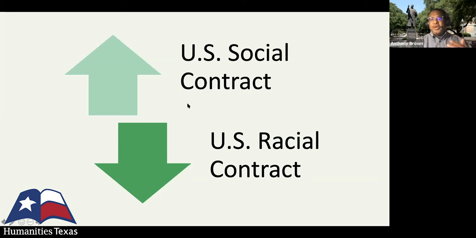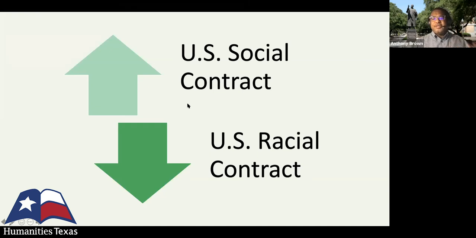And I would even argue that most of the rhetoric of the civil rights movement is predicated on this idea of a broken social contract. The other perspective that we want to present is the idea of a racial contract. What this suggests is that the contract itself was based on the binary of placing African Americans on the bottom.